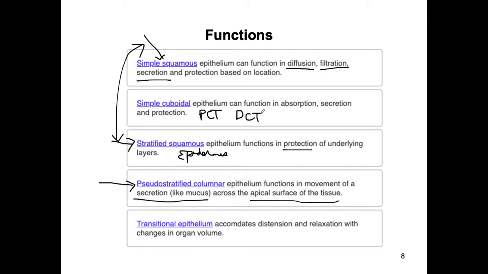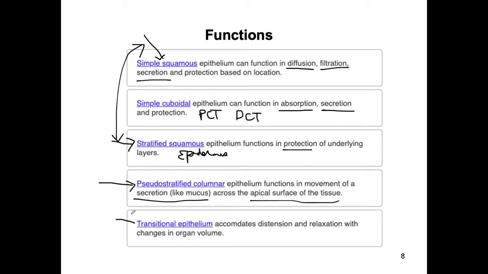You'd have to look at a picture of the nephron to actually see these. But that's where we're going to find simple cuboidal, and they're functioning for absorption and secretion. And that's what the kidneys are doing, right? They're absorbing, they're secreting, and they're filtering. That's what the kidneys do.